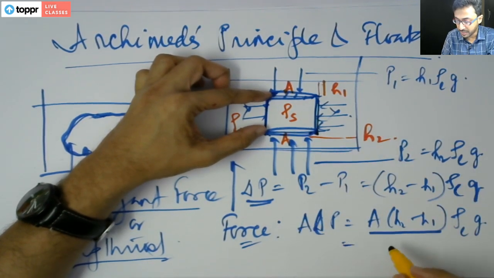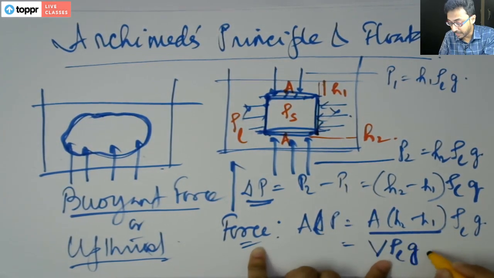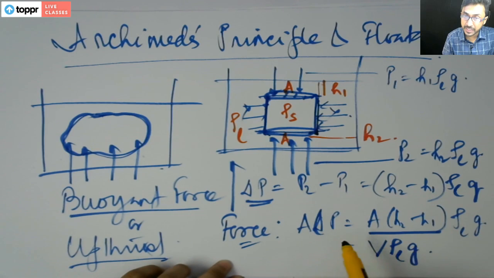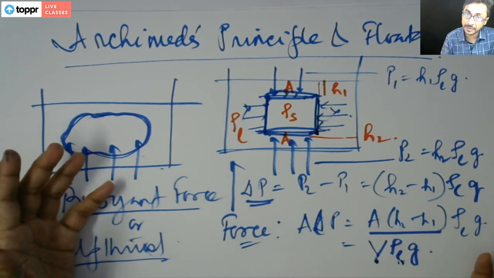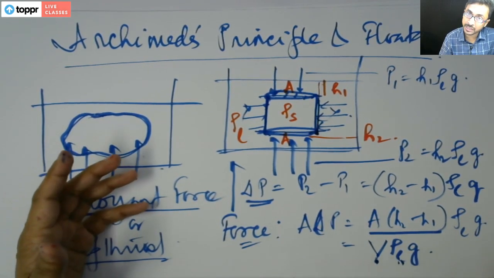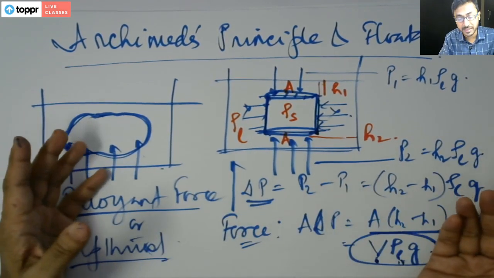A into (h2 minus h1) is nothing but the volume of the solid, so it is the volume into the density of the liquid into g. So what does this mean? V into rho L is the mass of the liquid that is displaced, and multiplying by g, we get the weight of the liquid displaced.